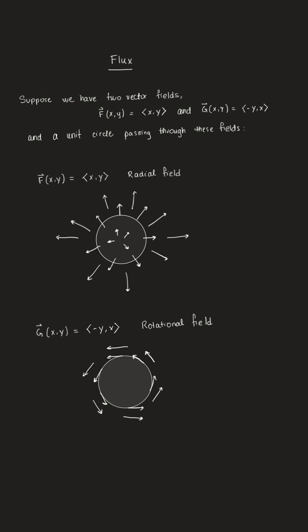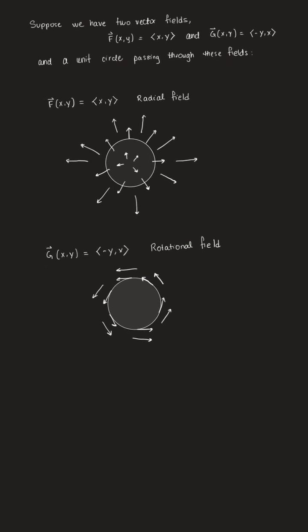We saw that flow measured how well our vector field aligned with the curve, and we measured that by looking at the tangential component of the vector field along the curve. With flux, we're going to measure the contribution of the field that's normal to the curve. I'm going to write that down, and then we'll talk about both fields.